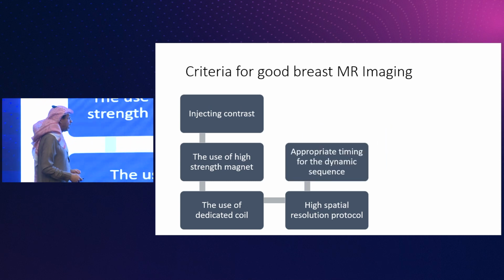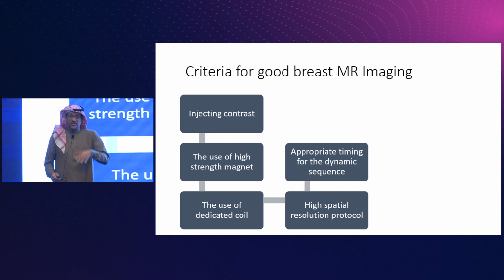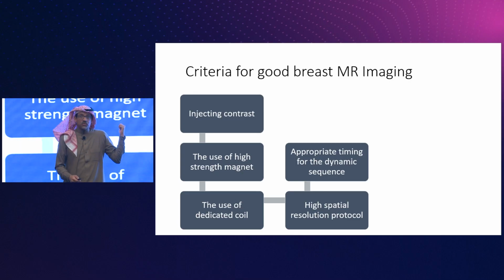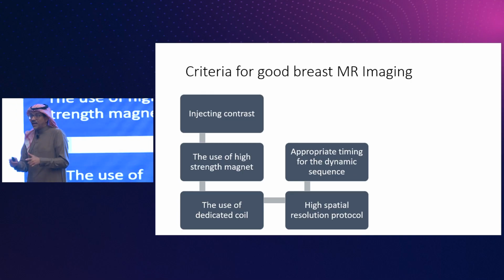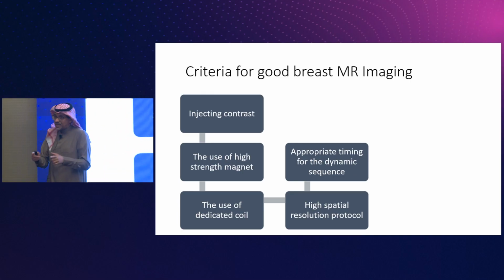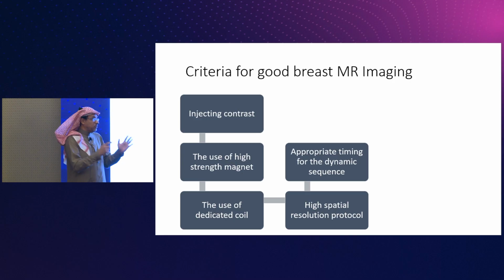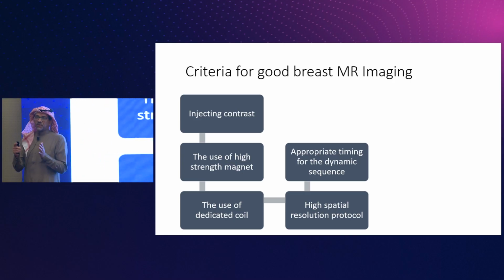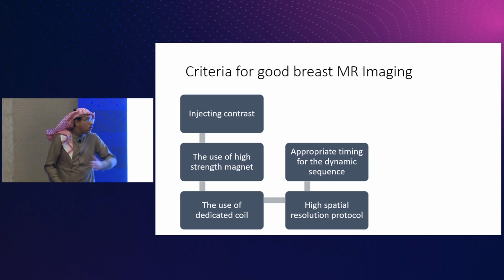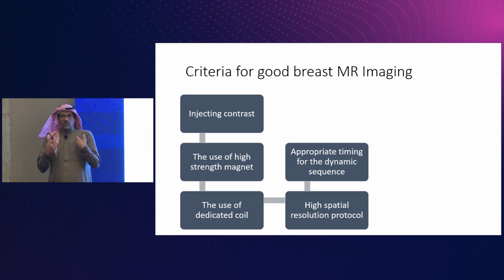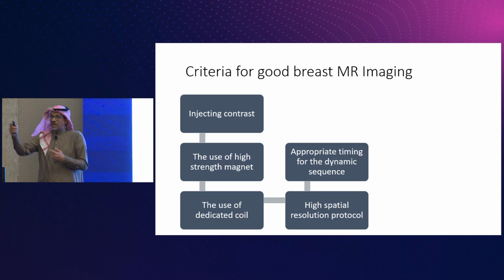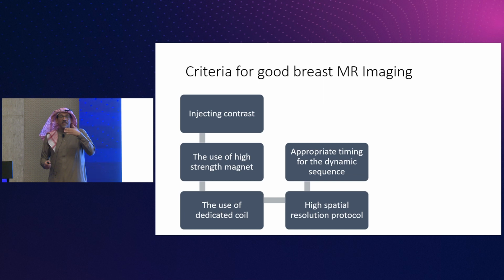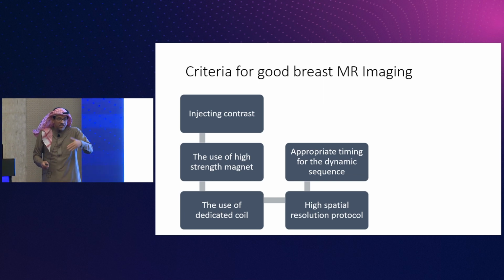We need appropriate timing, and this is important. Usually I go fast on these points, except this one. We need to have standardized timing. What does that mean? Usually, I start injection and the scan starts after 20 seconds for all. Not that I'm using 20 seconds, you are using 15, and another using 25. That's standard. The radiologist will know that the time of enhancement is the same.